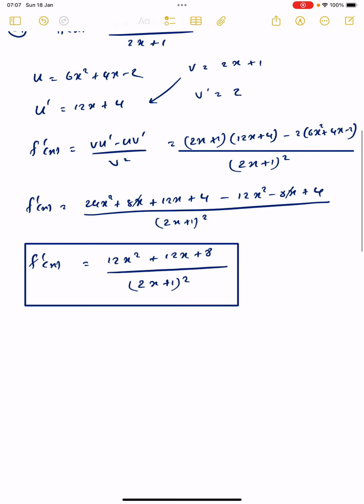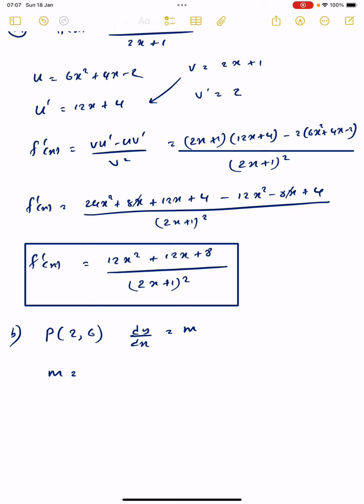Next, they say the line L is a normal to this curve at point P(2, 6). So at P(2, 6), dy/dx becomes the gradient m, that is the gradient of the tangent. Let's find m first.